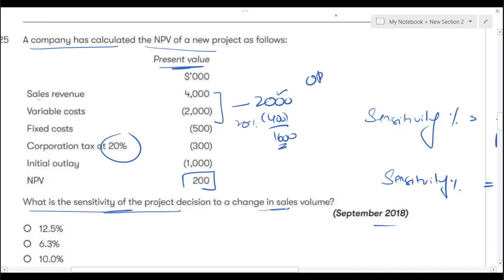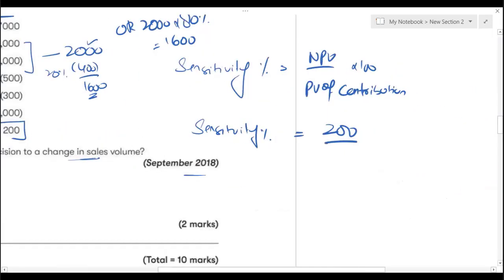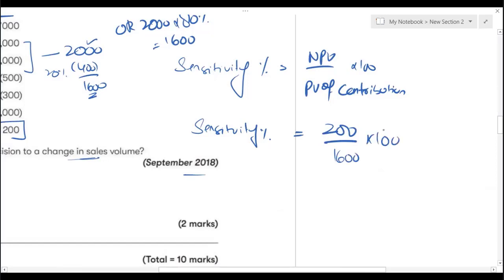Or you can multiply 2,000 with 80%. It's the same thing. Let me use the calculator. 200 divided by 16, and it is coming 12.5%.